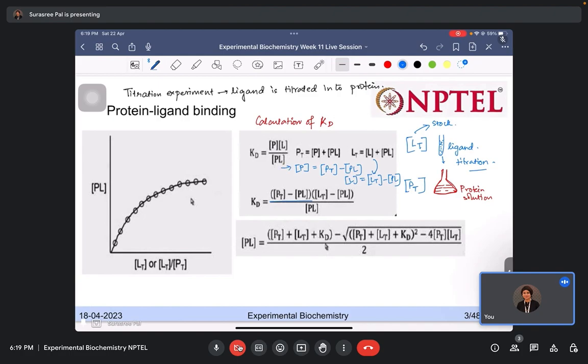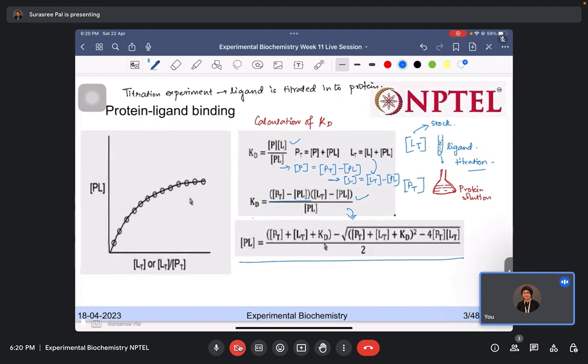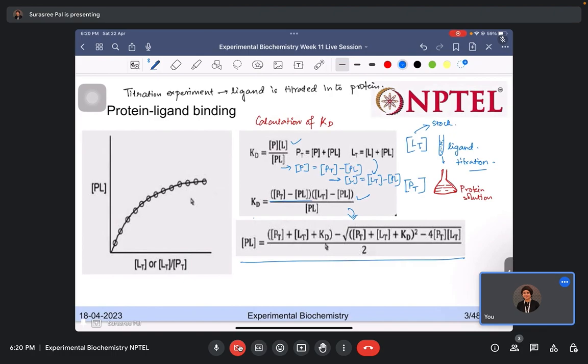These two we can put in this equation, and that will give us the value of the dissociation constant, or Kd. This is a quadratic equation, and if we solve it, we will get an equation which gives us the protein-ligand complex concentration.